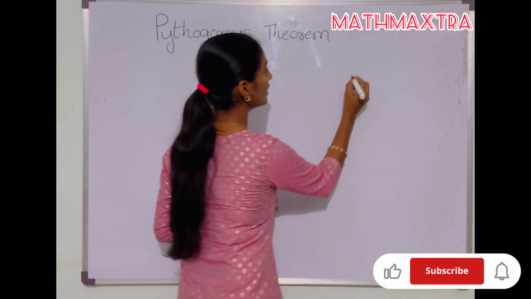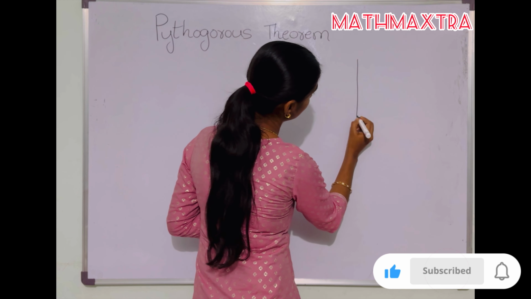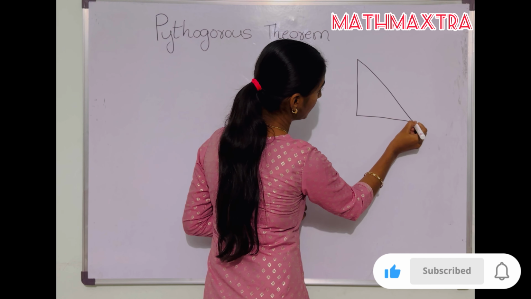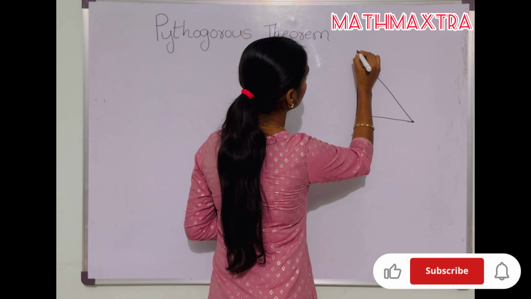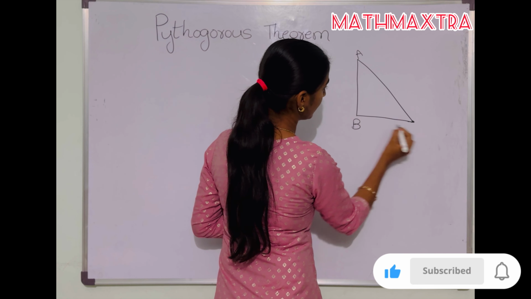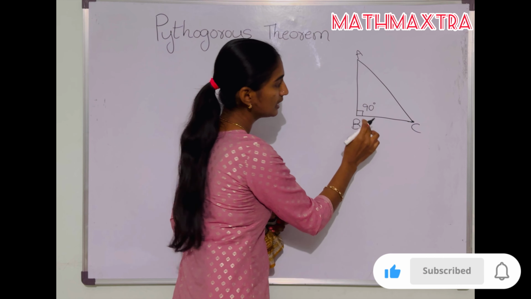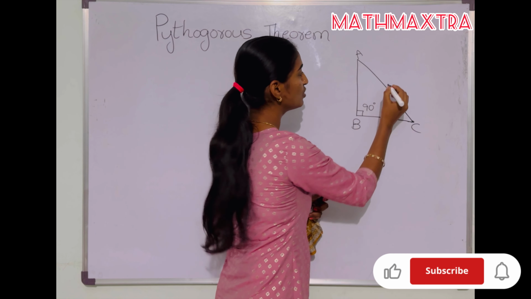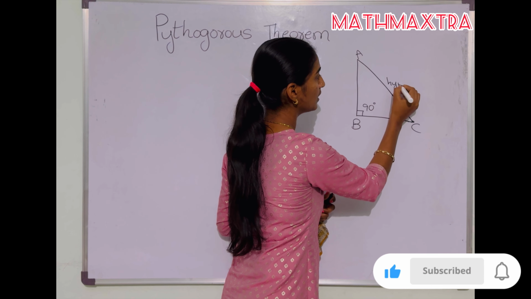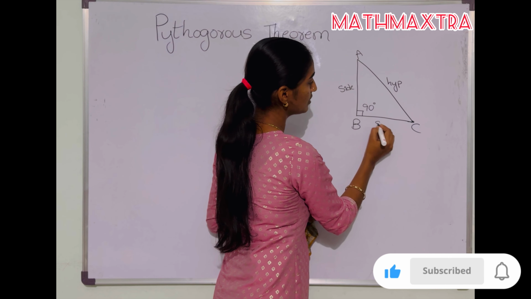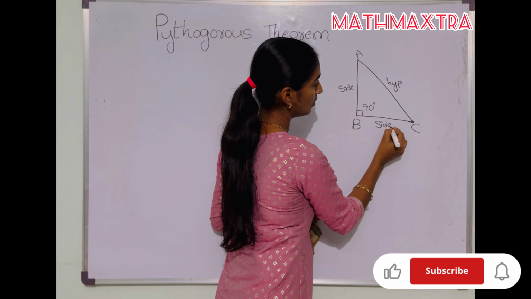So what is that? You take one right angle. This is a right angle. This is triangle ABC in which the angle B is equal to 90 degrees. The side opposite to 90 degrees we call the hypotenuse, and these are the other two sides.